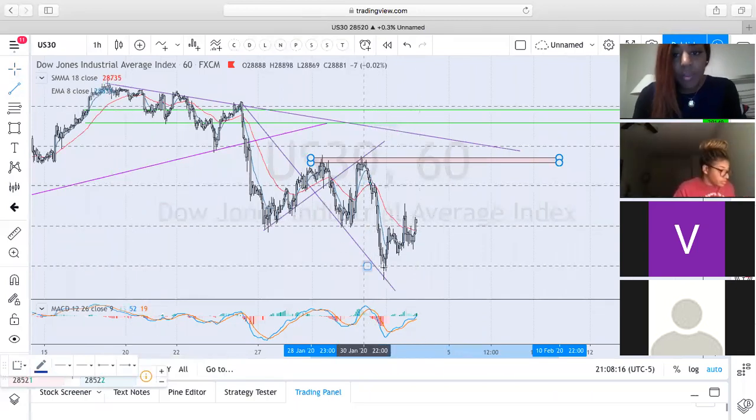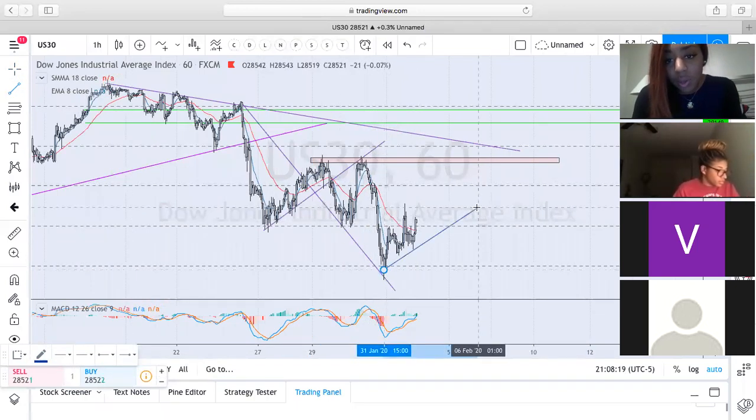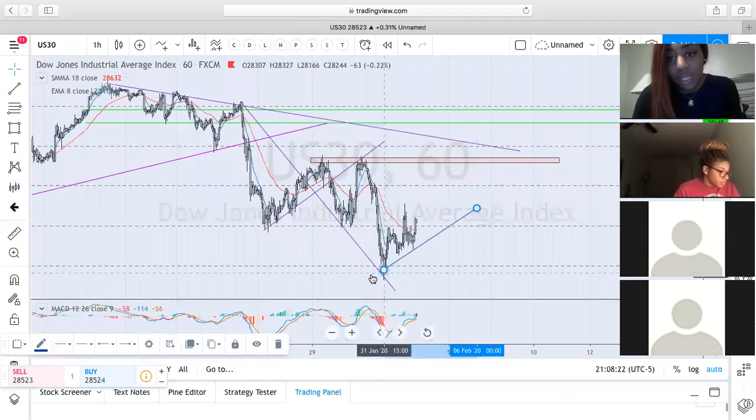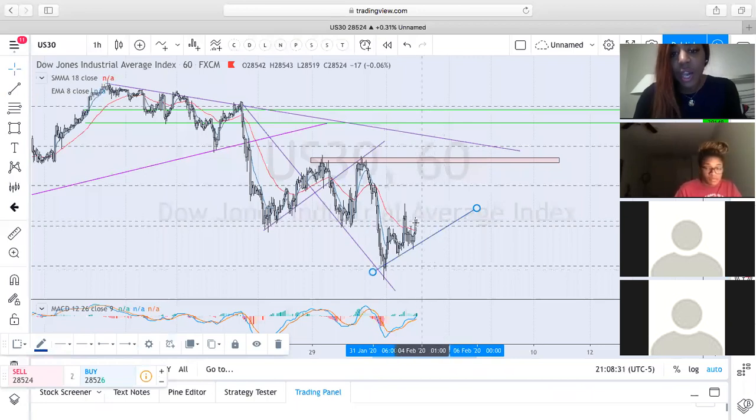So tomorrow, because this whole structure trendline area is affected here, this might consolidate a little bit. But I'm expecting this previous level of support, which is right now testing as resistance, to break resistance and come up to here.